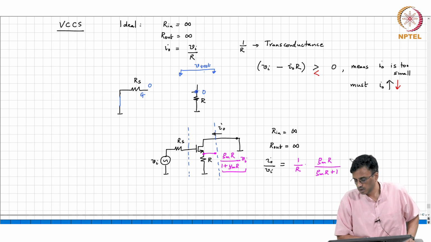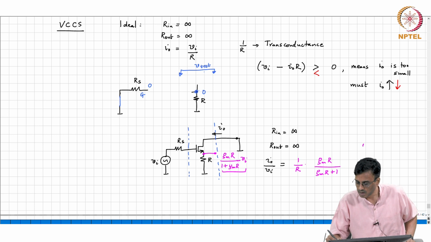Clear? Excellent. So, what does large Gm mean now? We said Gm must be infinity, Gm evidently cannot be infinite, so Gm must be large. What is the meaning of large?